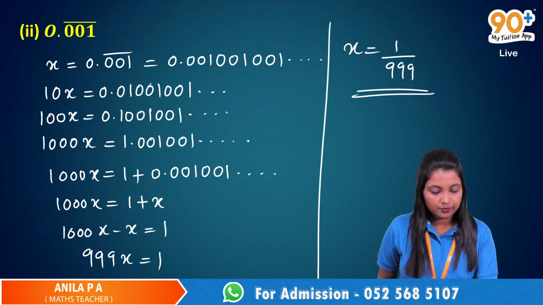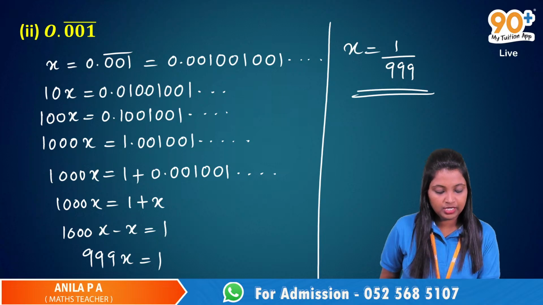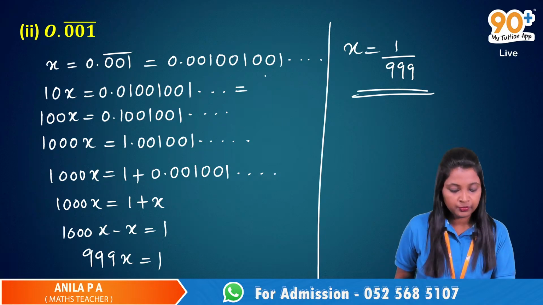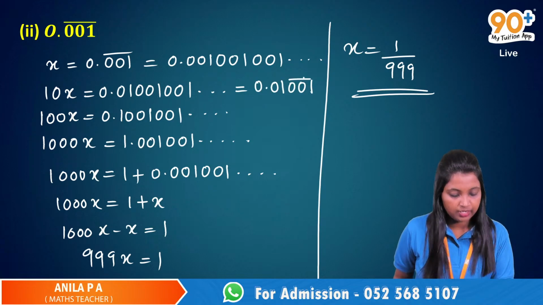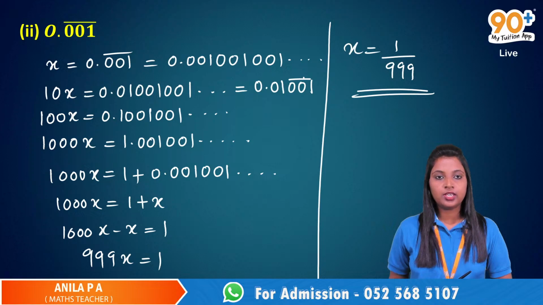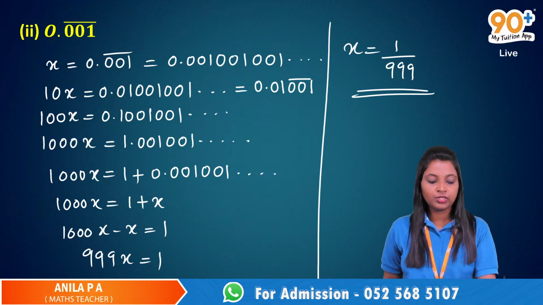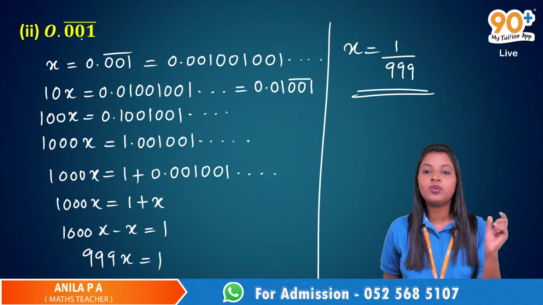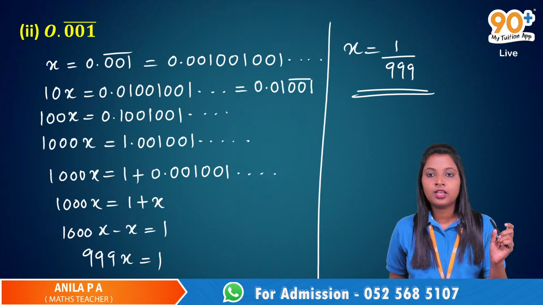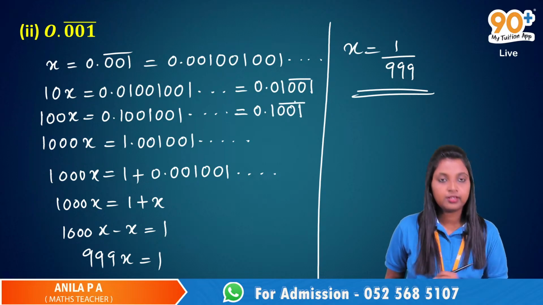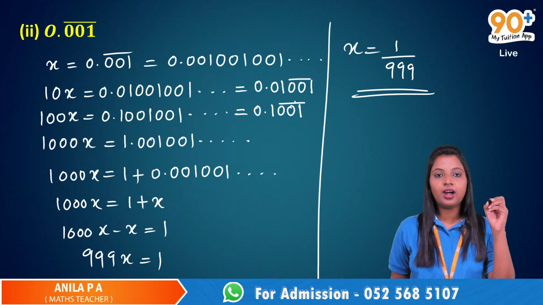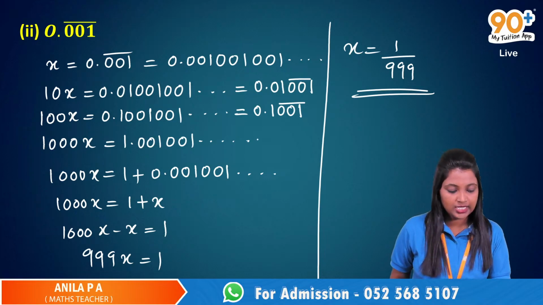If you want to write this in bar form, it is 0.01, then 001 bar. You can put that bar just above the given number. 001 is given, right? And here also it is 0.1, then 001 bar.